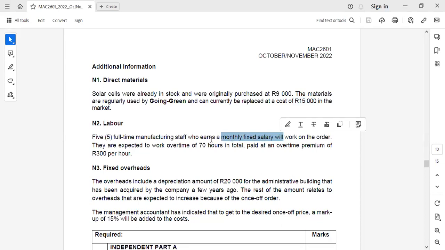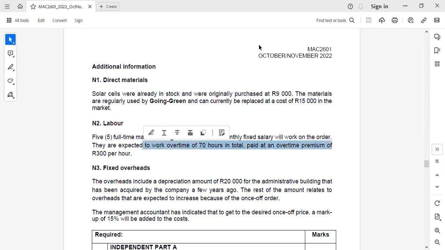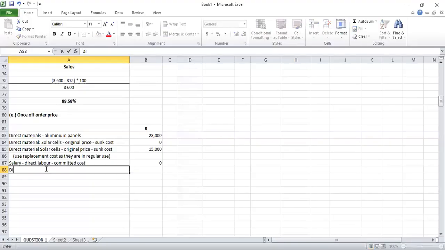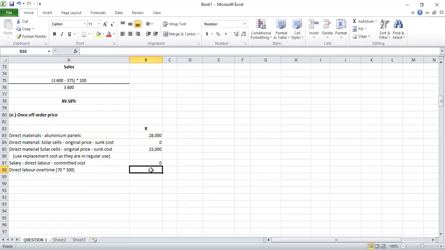But this overtime here, it's specifically due to the order. It's an incremental cost. So we have to include it. So we'll have our overtime. 70 multiplied by 300. What do we get? 21,000.